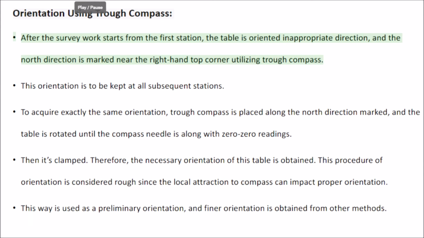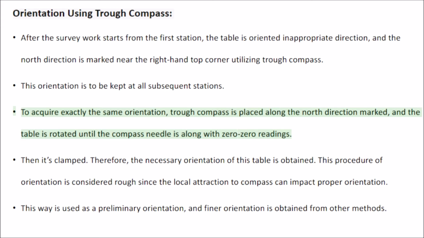After the survey work starts from the first station, the table is oriented in the appropriate direction, and the north direction is marked near the right-hand top corner using the trough compass. This orientation is to be kept at all subsequent stations. To acquire exactly the same orientation, the trough compass is placed along the north direction marked, and the table is rotated until the compass needle coincides with 0 reading. Then it is clamped.